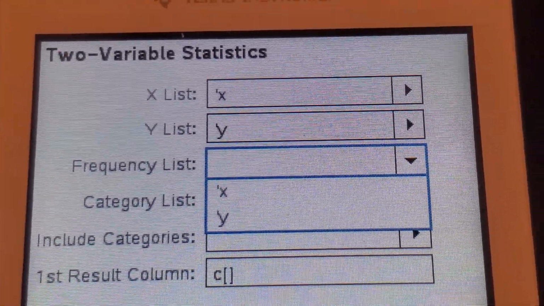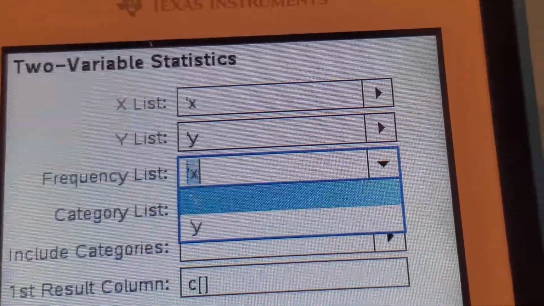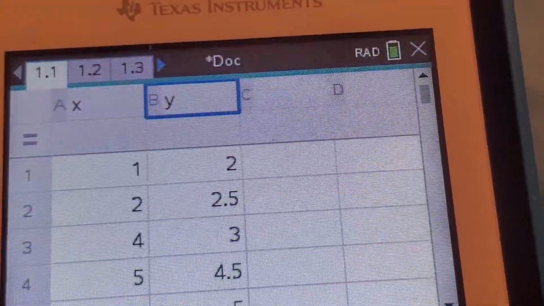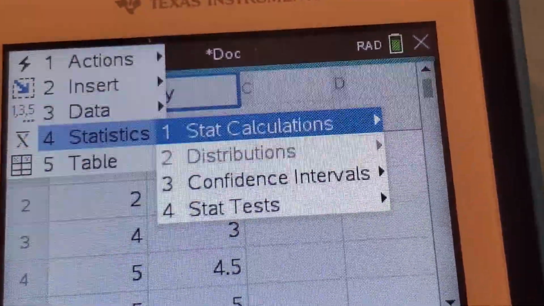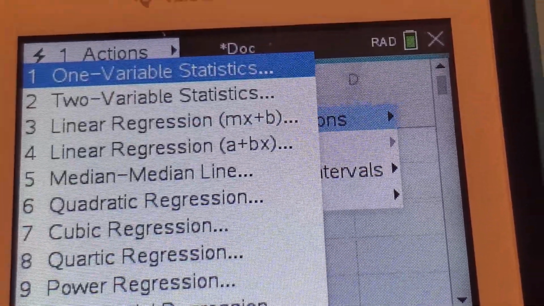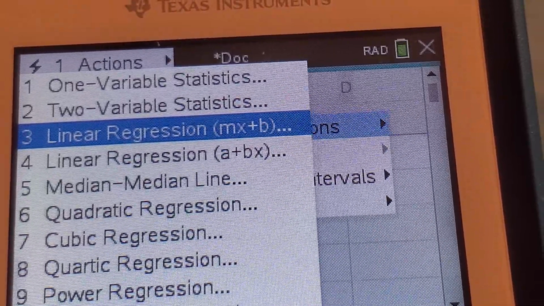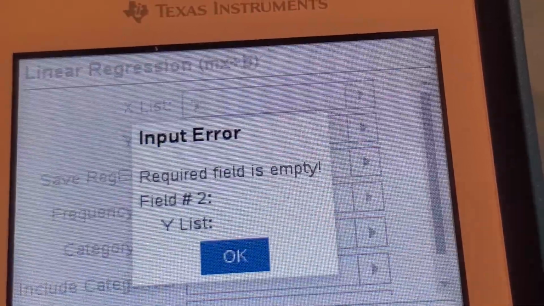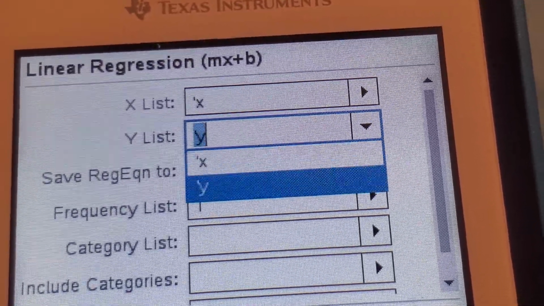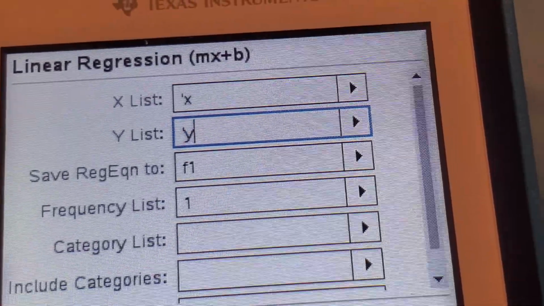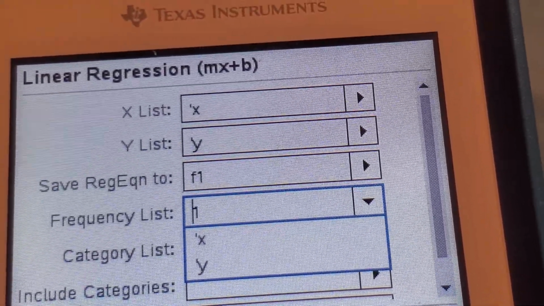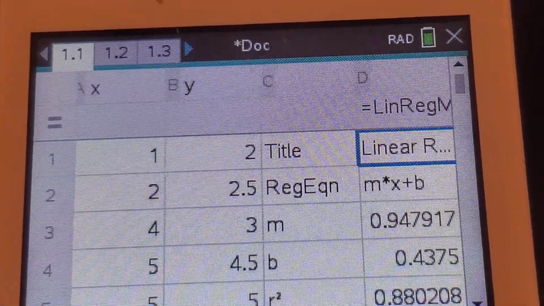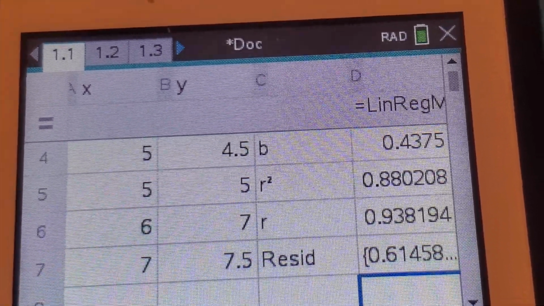My mistake, we do not go to two variable statistics. Escape, cancel. Go to menu, statistics, stat calculations, linear regression, mx plus b. X and Y for X and Y list. And just click OK. And we have a bunch of data here.